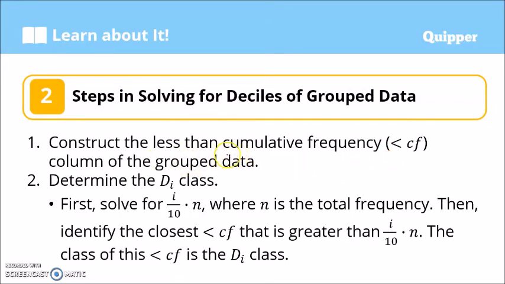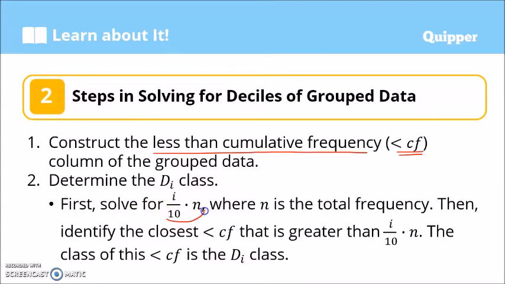So we just have to construct the less than cumulative frequency denoted by this symbol. And then we determine the D sub I class. If we are looking for the first decile, then we are going to determine which class is the first decile. So for that, we need to solve for I over 10 times N.